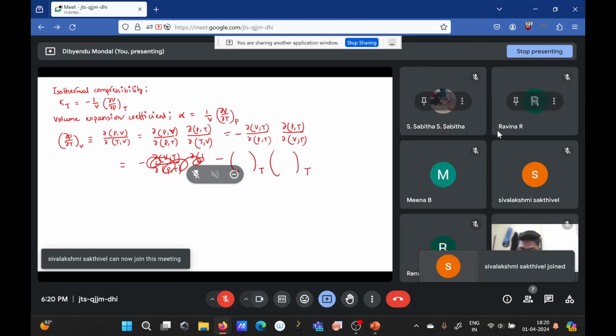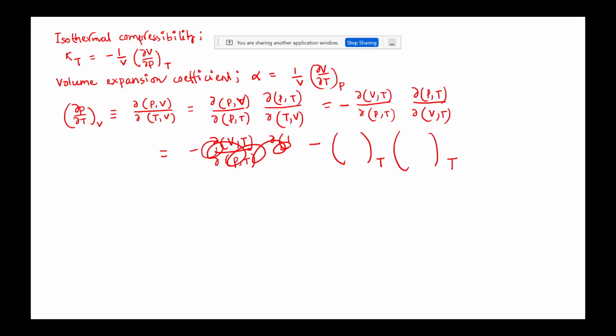Yeah. Now here T is fixed, common here, so T is fixed. This will be del V del P, and this will be del P del V, right?